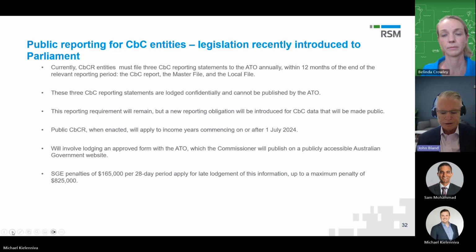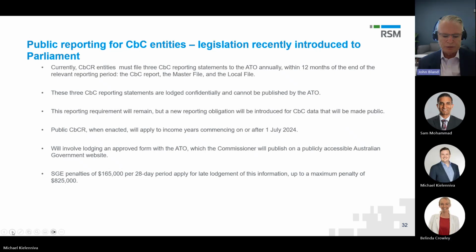So the law to update the public reporting for country-by-country entities is currently before the Australian Parliament. It's been through the Senate Economics Committee, and with some minor amendments has been put through and is yet to be passed, but we're anticipating it'll be passed in the form that it is.